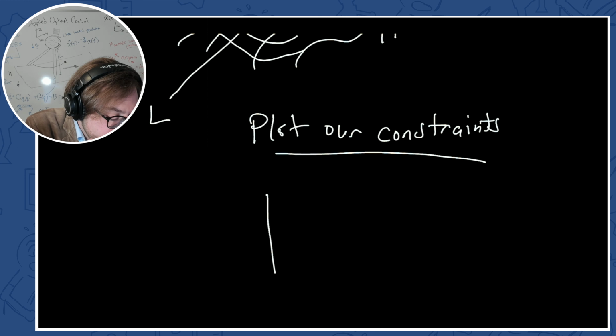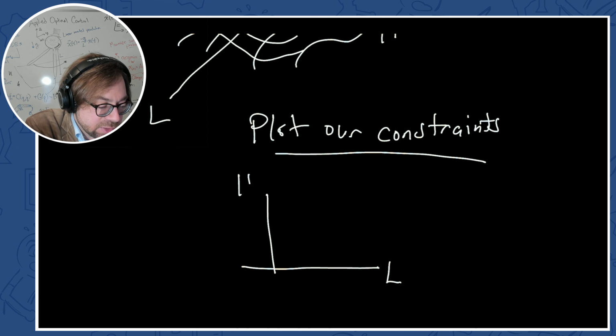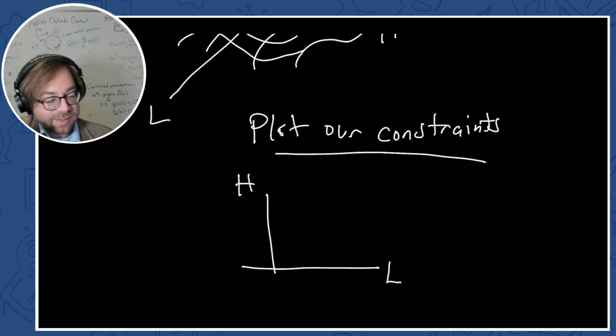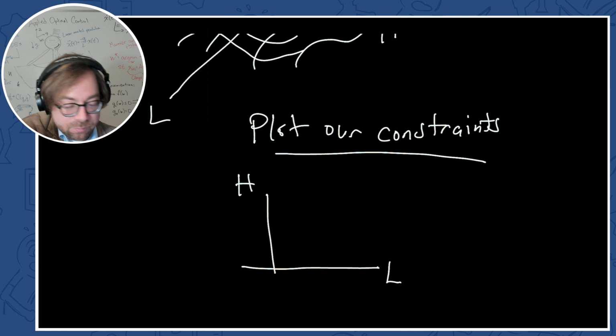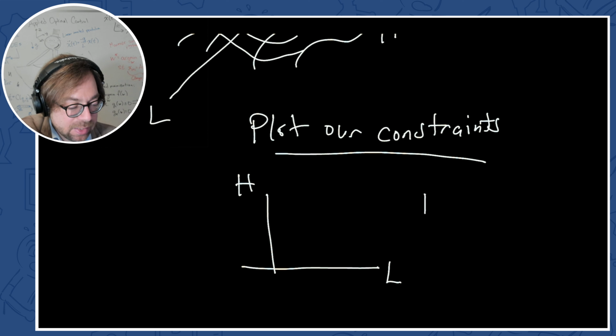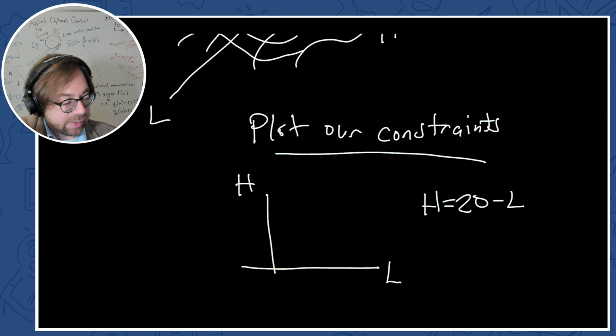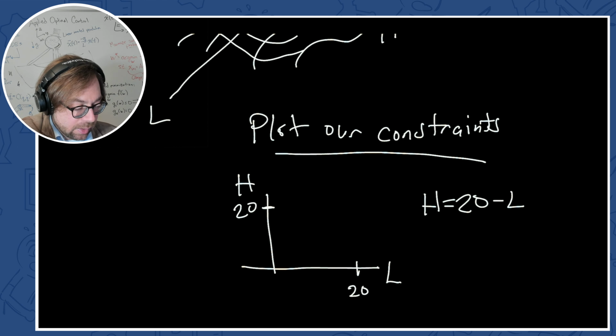Well, keep in mind we have some length and we have some height on this axis, and we know beforehand we can solve this out, okay, for this particular problem, that h is going to be equal to 20 minus L. That's just solving out the perimeter. That means that if we had 20 there and 20 there, it looks like that, right?